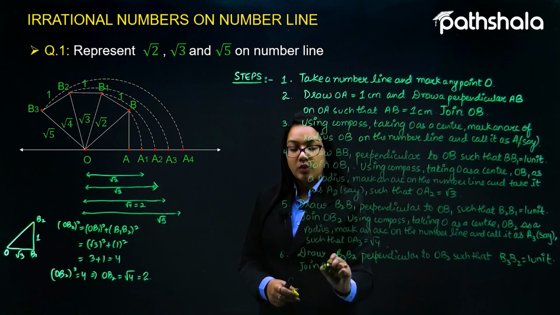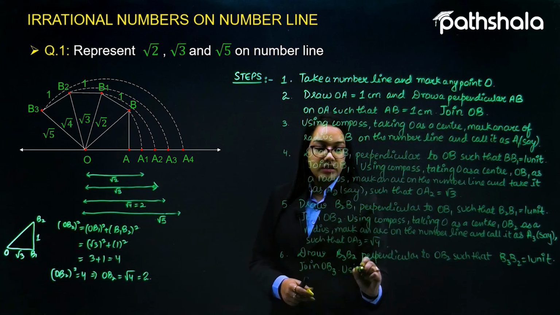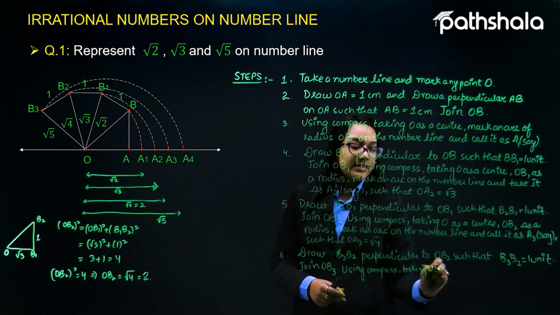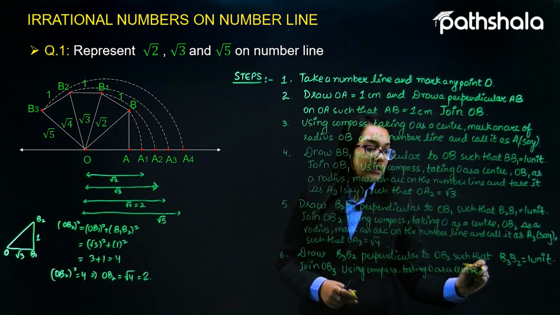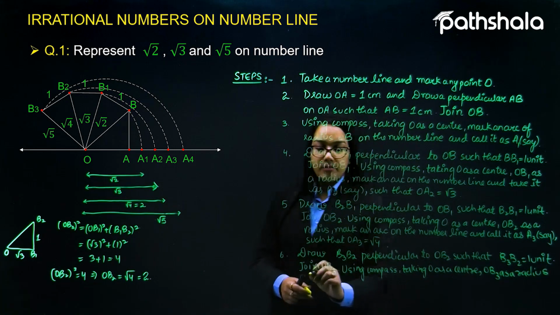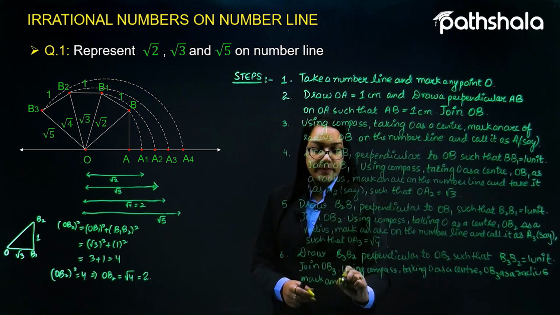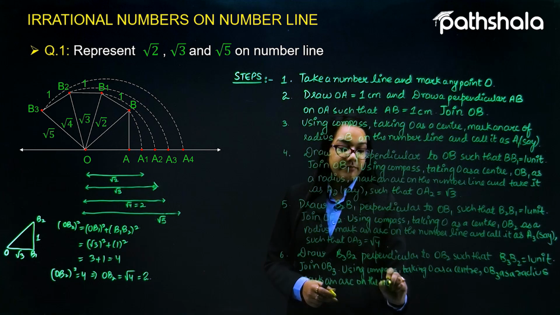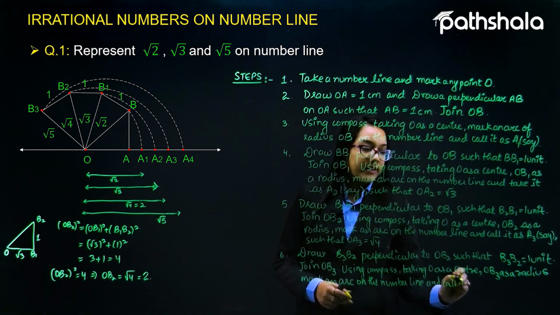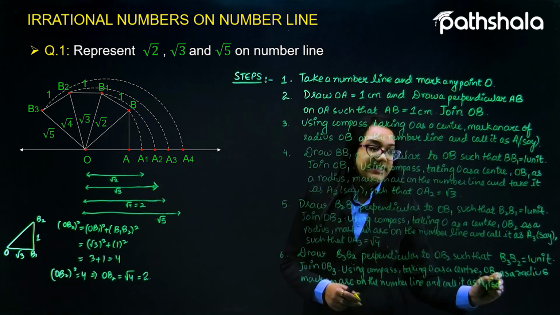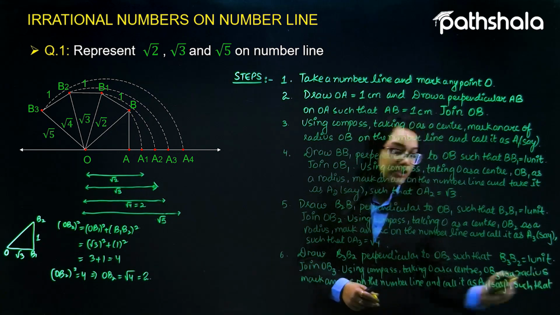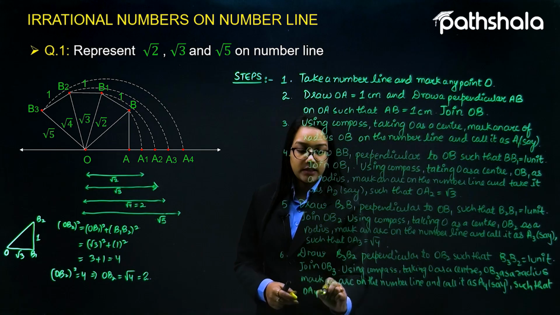Join OB3, using compass again, taking O as a center again, OB3 as a radius again, mark an arc on the number line and call it as A4, such that OA4 is nothing but root 5.